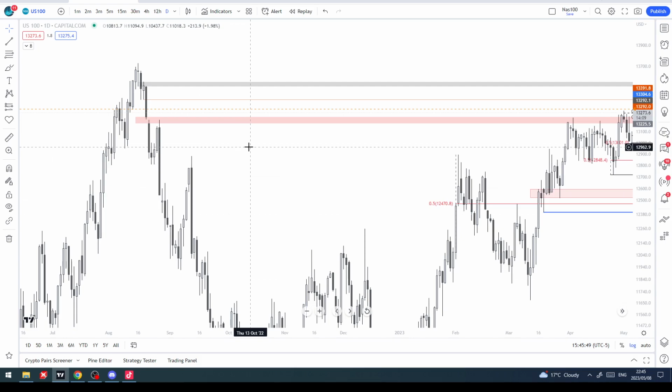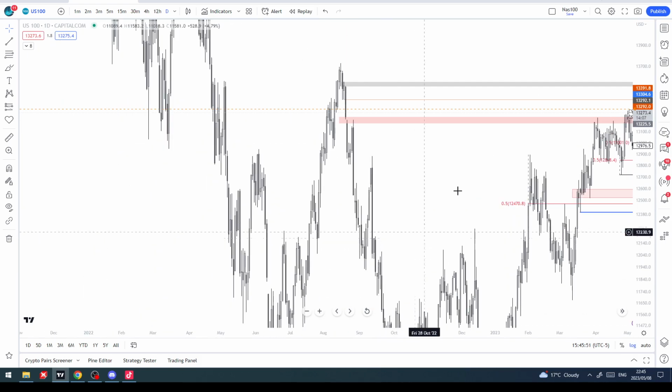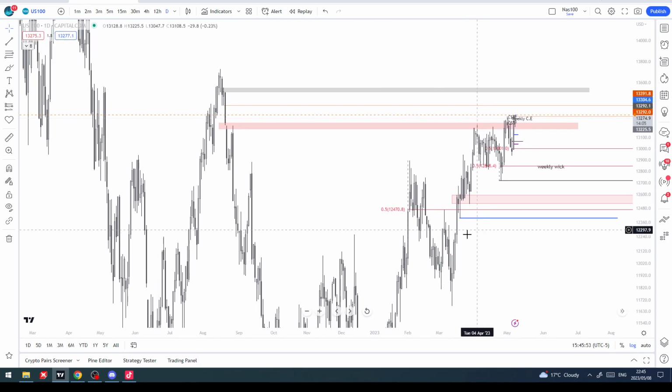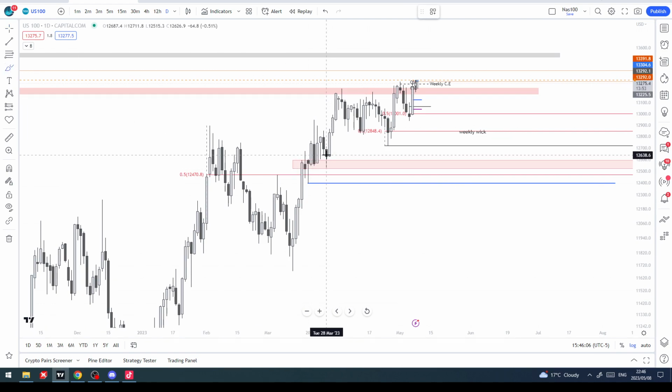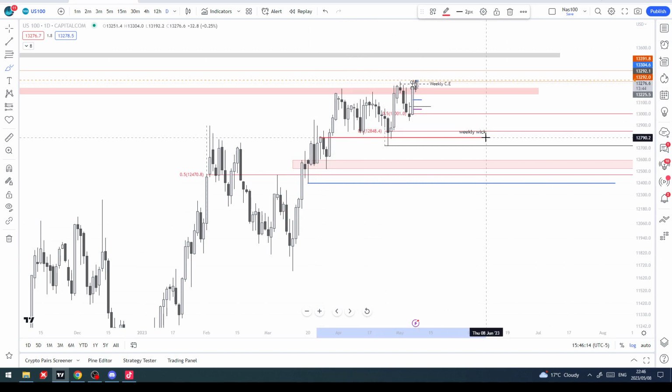This guy, the low of that 13,391, right? So if it wants, it can come back here. But if we look at the delivery here, all bullish, all running on buy side. So here, inefficient. Down here, inefficient.